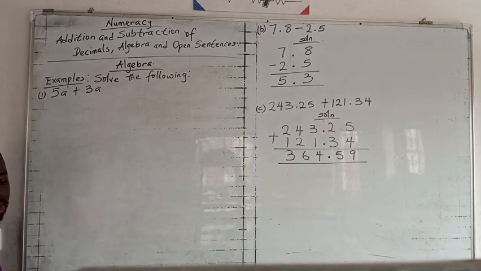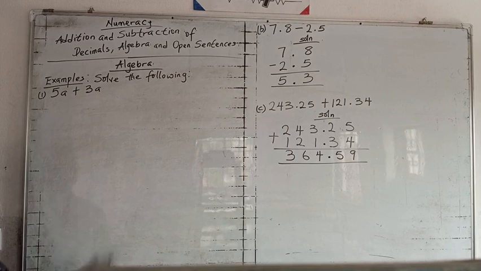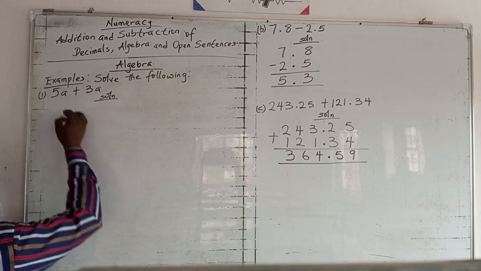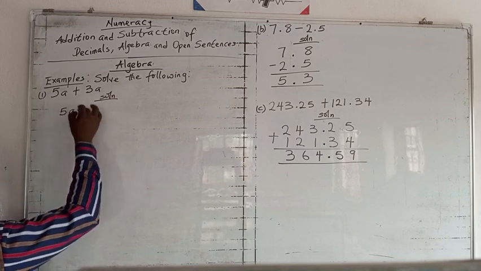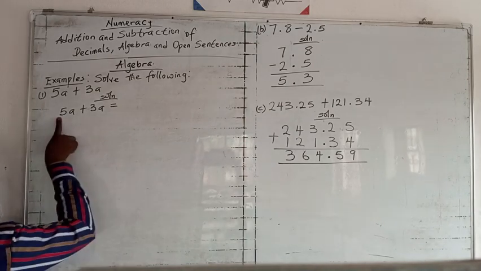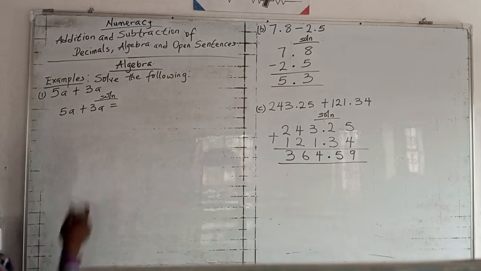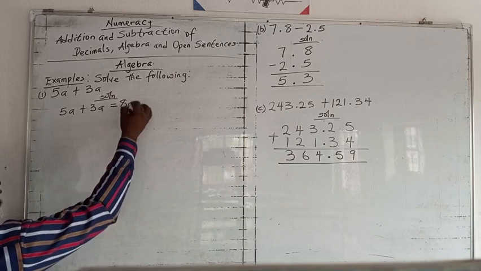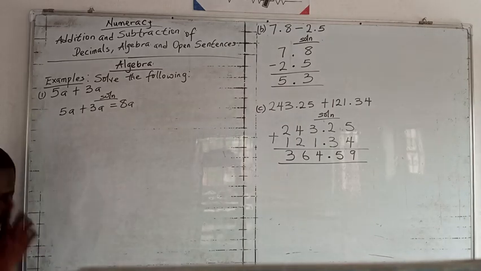So solution. 5a plus 3a equal to, we ask ourselves, 5 plus 3 is what? 8. We now attach a.